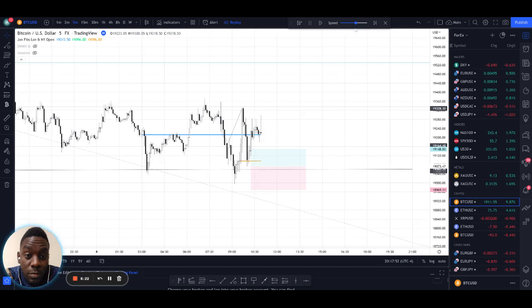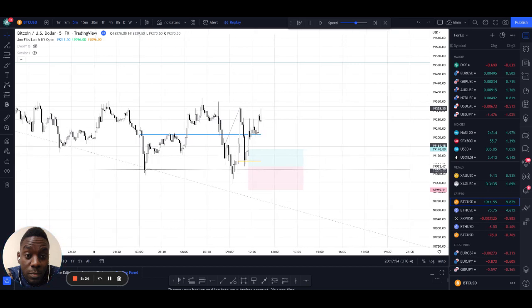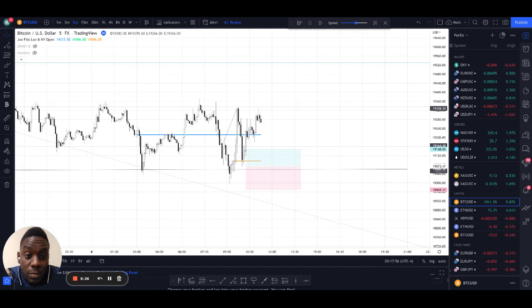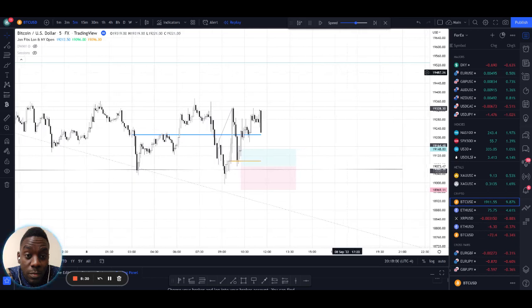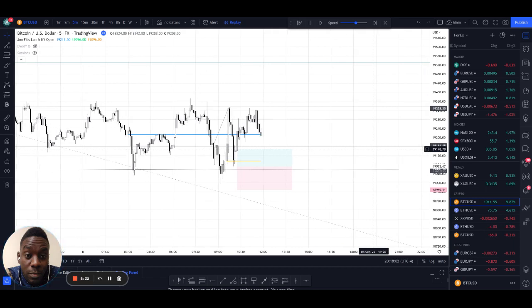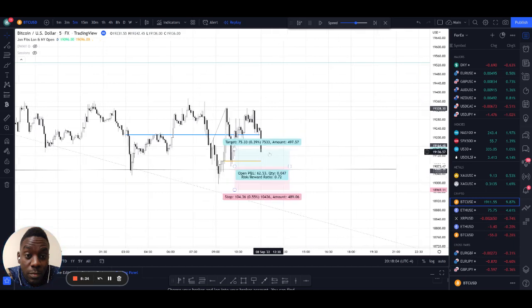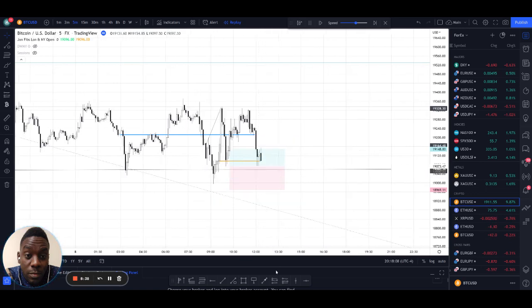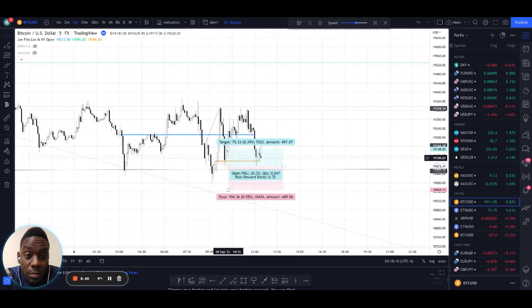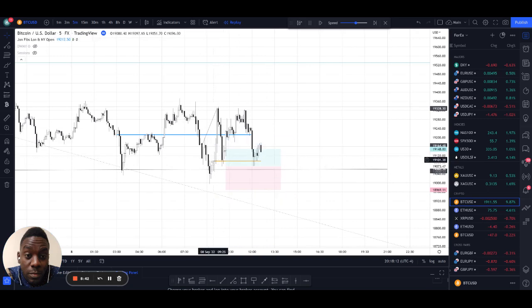So at this point, it's more an exercise in watching what's happening and not moving your stop to break even too soon, right? Because if you move the stop to break even too soon, you can see that the price would have come back and you'd have gotten stopped out.